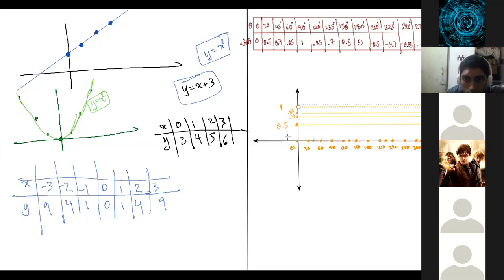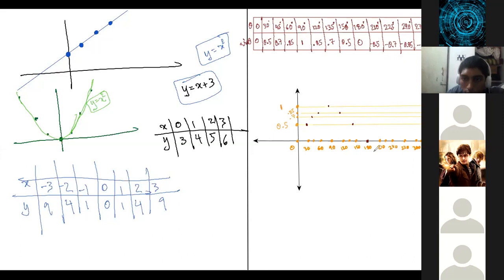Now let us join all these points. For 30, it will be over here, and in between 0.7. Sir, it will be like a wave. Yes. 60 over here, 90 over here, 120 comes back here, 150 will come back here, and 180 you're coming back here.